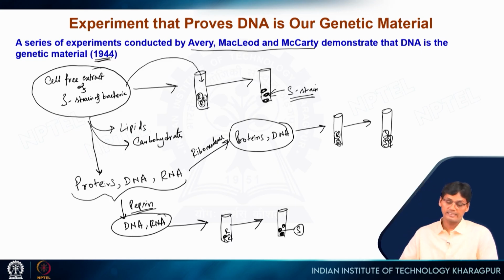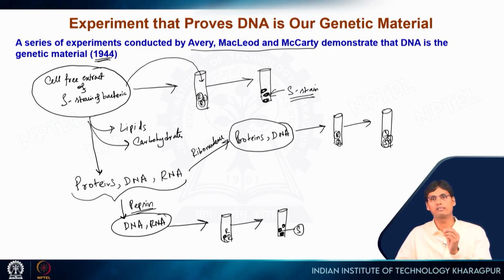But they also tried to carry out some more experiments. For example, they used an ultracentrifuge, and when they centrifuged this cell-free extract, they found that something came to the bottom of the tube.